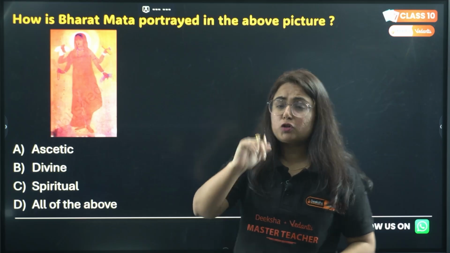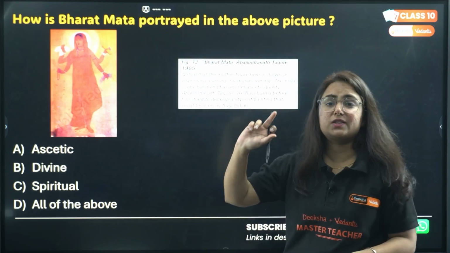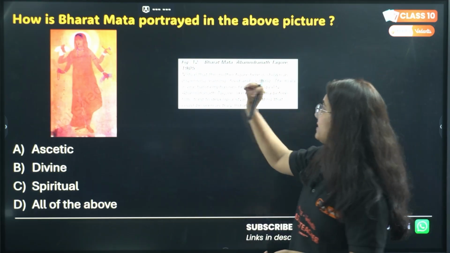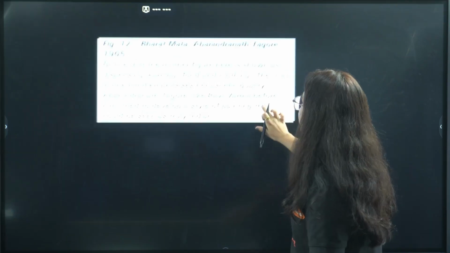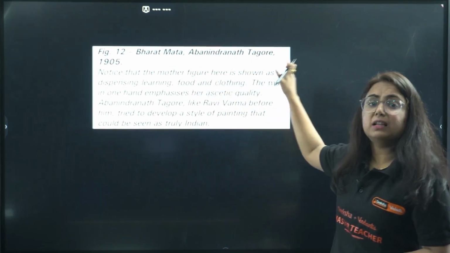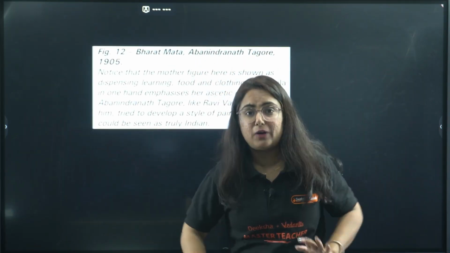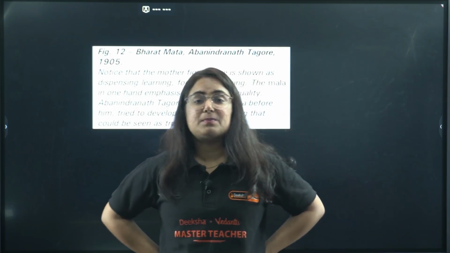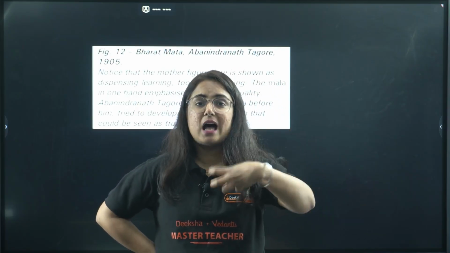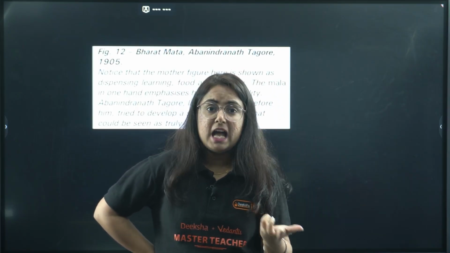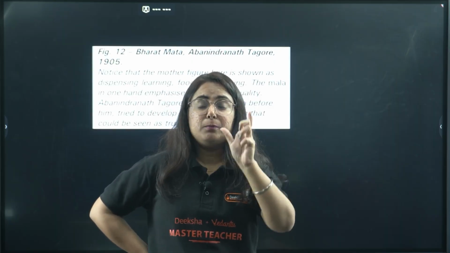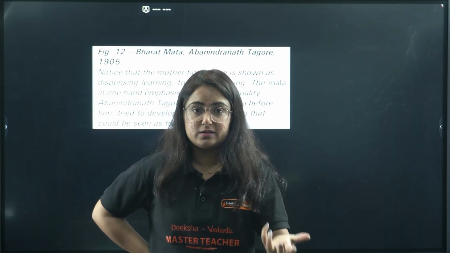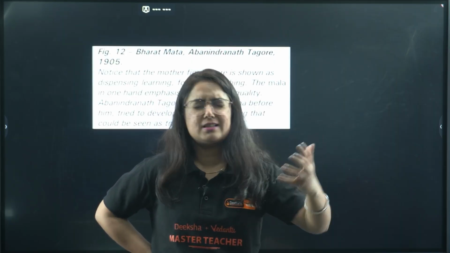Now, let us talk about the description box given below this picture, and it says that the Bharat Mata picture is made by Abanindranath Tagore in 1905. So, 1905 is particularly the year when India was having the Swadeshi movement, right? And Swadeshi itself means that we are promoting indigenous things and boycotting foreign goods and substances, all about that.